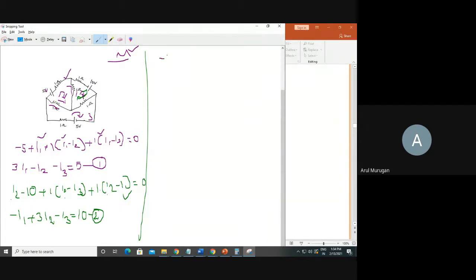So minus 5. Okay. Then 1 into I3. It's separate. So I3. Then plus 1 into, I'm coming to here. I3 is going in this direction. I1 is coming in the opposite direction.